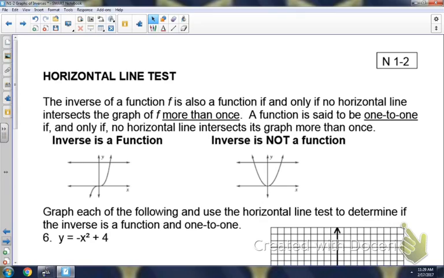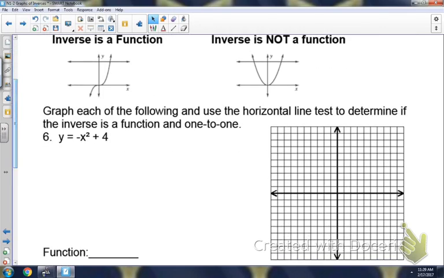It's also said to be one-to-one if no horizontal line intersects its graph more than once. Okay, so what we're going to do on these next couple of examples, we're going to graph each and use the horizontal line test to determine if the inverse is a function and one-to-one. But we are not going to actually graph the inverse like we did on those other examples.